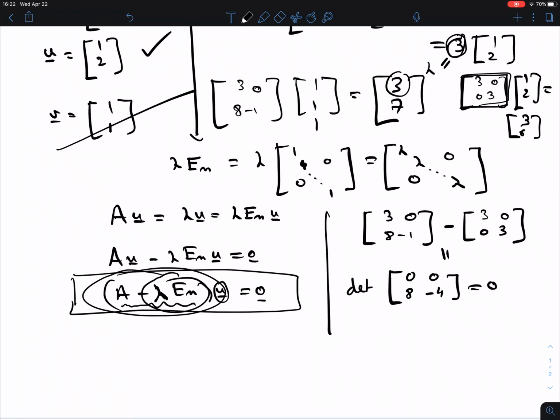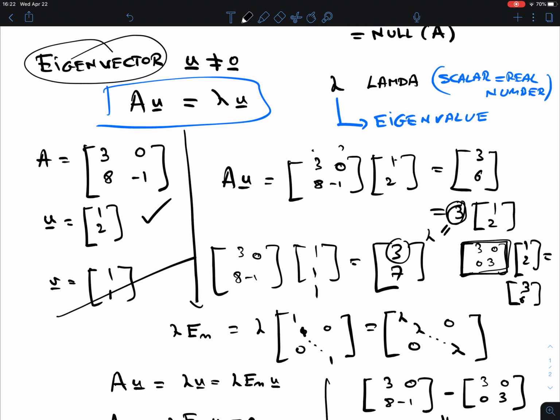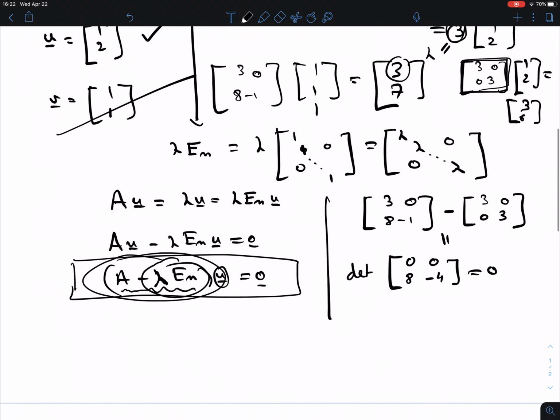You don't need to do what I've said now. I'm just trying to introduce it, but I'm going to recap. To get an eigenvector, we have to find a non-zero solution to a system of equations of this type.